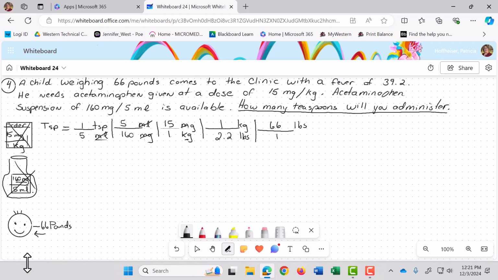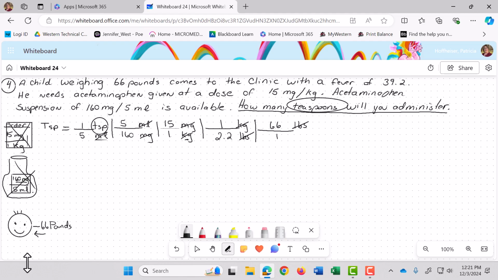Milligrams on the bottom, milligrams on the top, so that one works. Kilograms on the bottom, kilograms on the top, that one works. Pounds on the bottom, pounds on the top. So we've crossed out all units of measure except for teaspoons, and teaspoons is what we're seeking. So now we know we've set up our problem correctly.